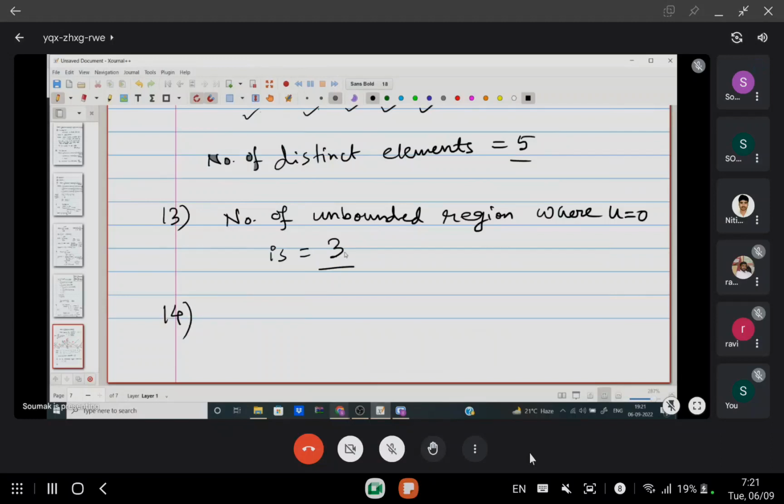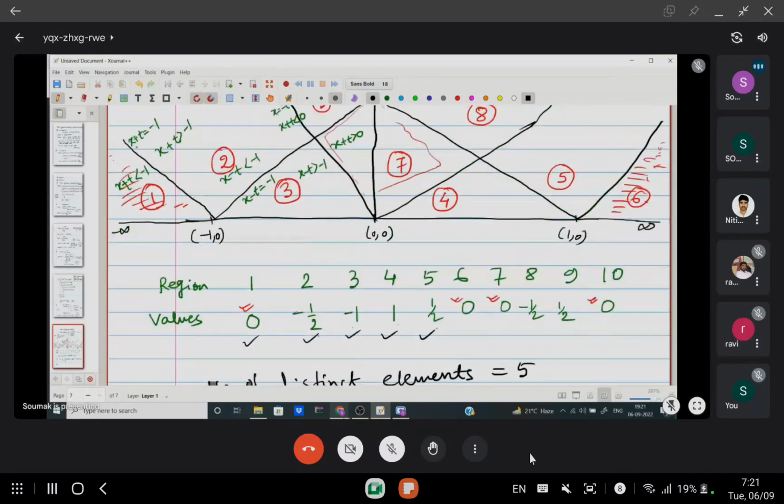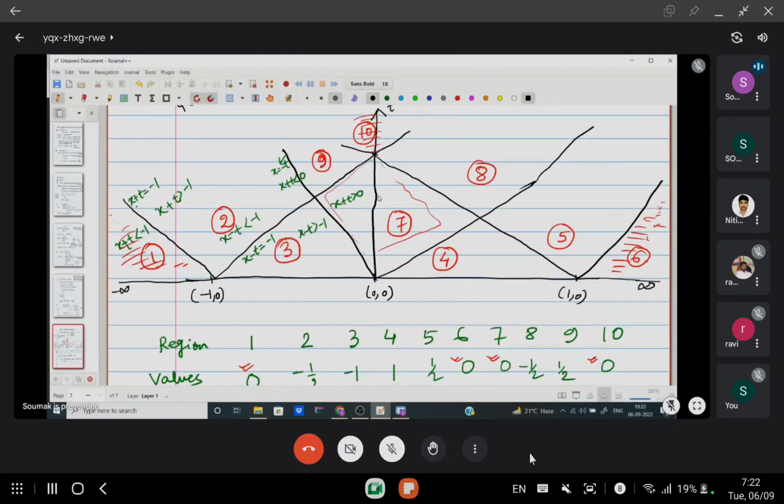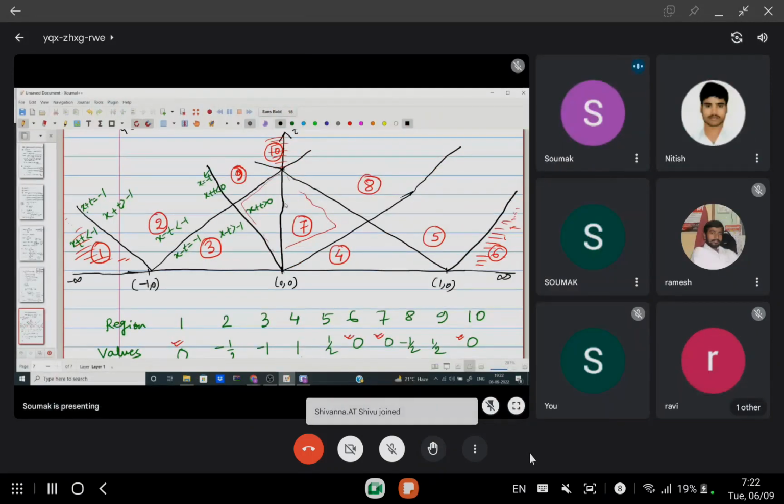Is it okay? Okay, the next question is to find the number of bounded regions where u is 0. So the number of bounded regions where u is 0 is what? Only one region. Only at region 7 is u 0, and it is a bounded region.